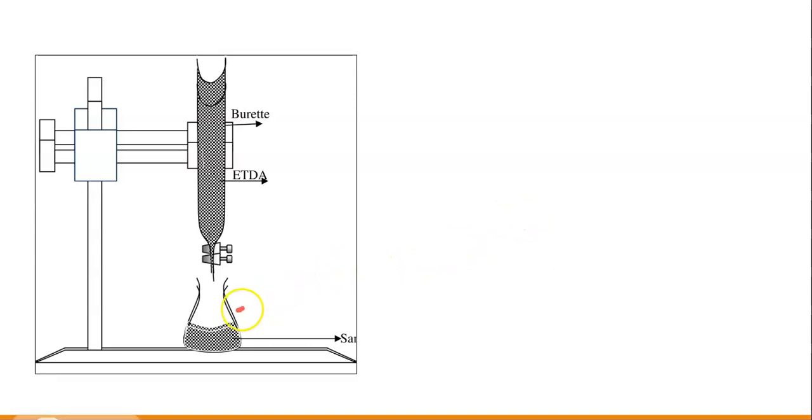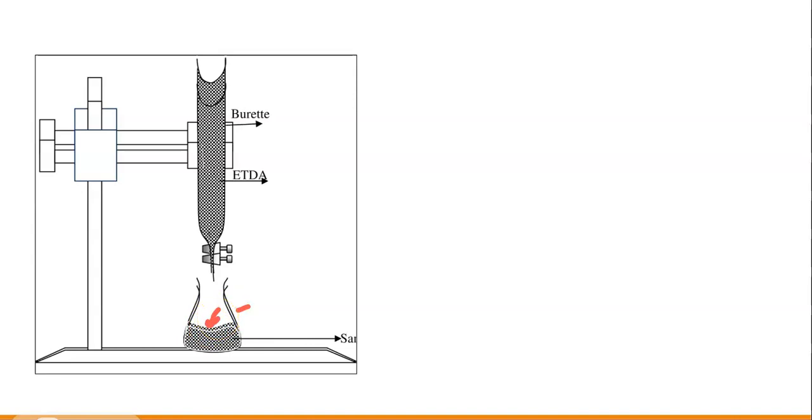So in a conical flask, we are going to take a water sample whose hardness we need to find. Plus, we are also going to add the indicator. The indicator is EBT, Eriochrome Black T, which is blue in color. But as soon as you add that indicator into this water sample, the color changes to wine red.